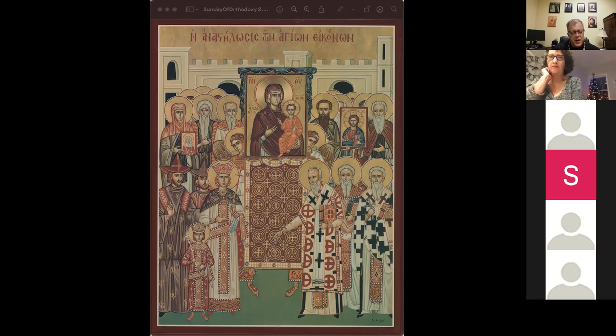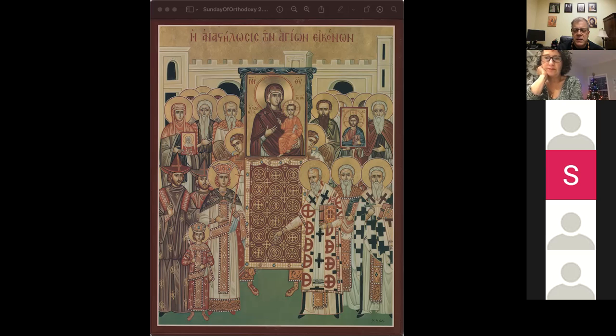And basically, not a whole lot is known about him except that he was a bishop for a time, and that he was also exiled by Leo V for being a supporter of icons. So that's why he's in the icon.